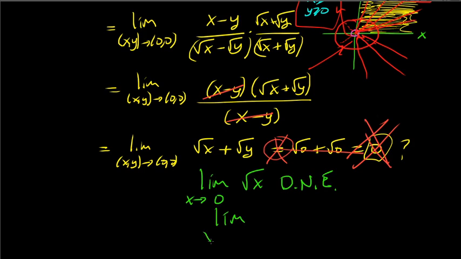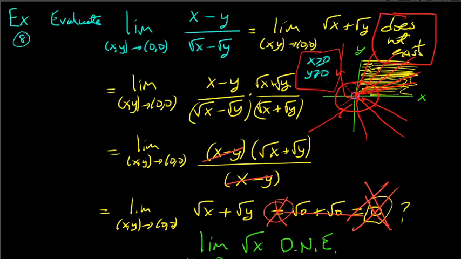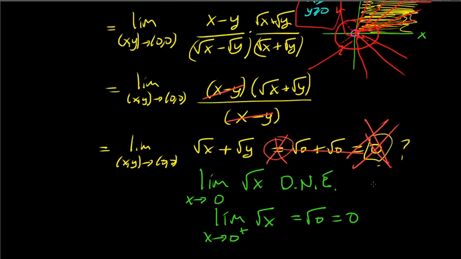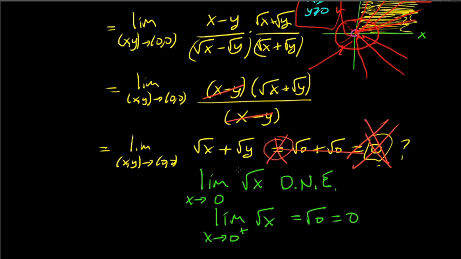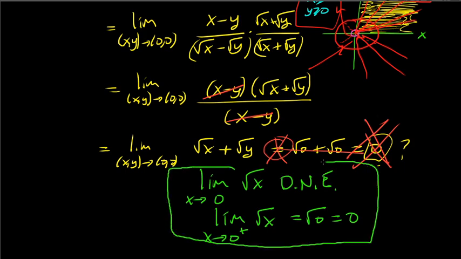Now, if I said find the limit as x goes to 0 from the right, sure, then you just get 0. Okay? But remember, in 2 dimensions, there is no just right and left. There's up and down, there's all these diagonal lines. So that's what makes these limits a bit more complicated than from Calc 1 when you only had 2 directions, right and left.